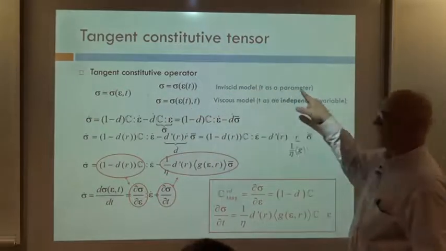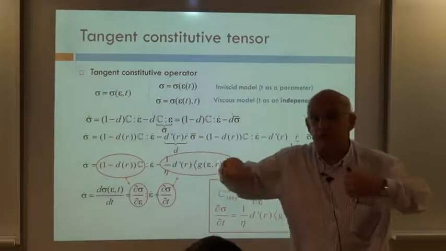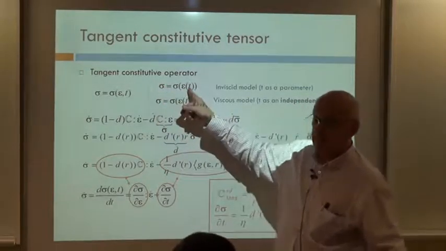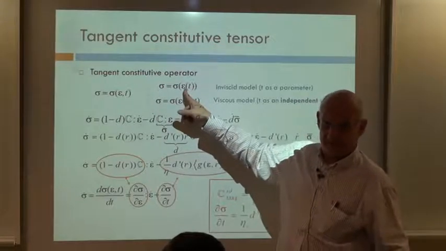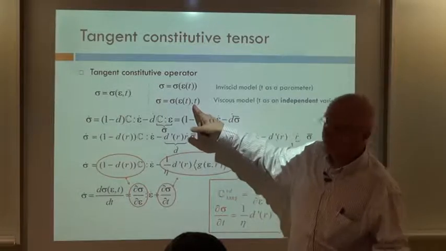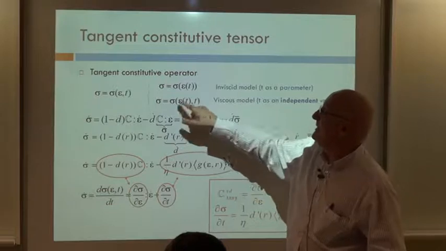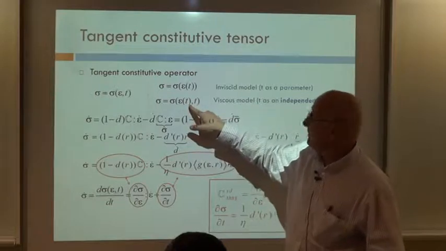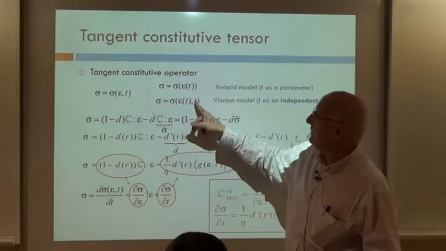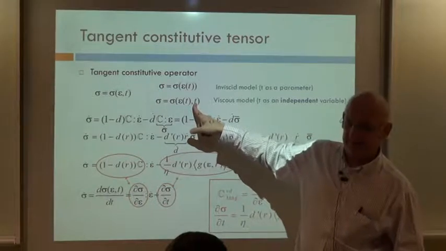In the implicit model, t is just a parameter that controls the evolution of the strains, and the dependence of the stresses on time is through the strains. What changes now? Due to this evolution equation, t also appears in the evolution of the damage variable as a new independent variable. That's a big change.